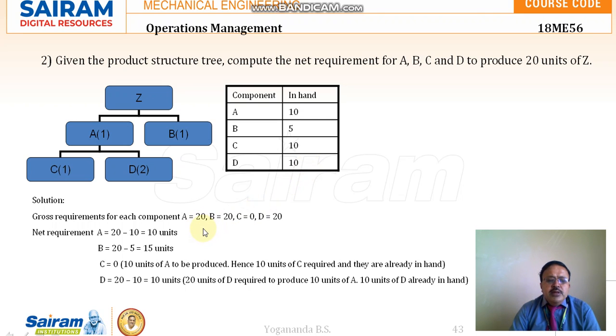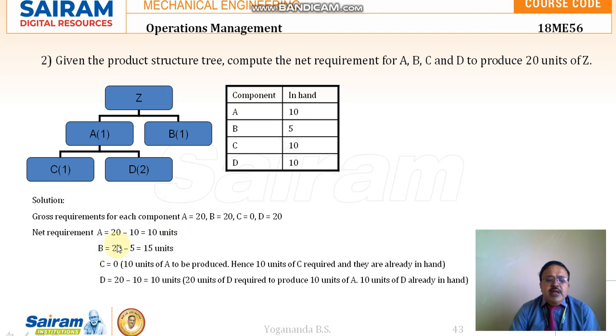So solution, gross requirement. For 1 unit of Z, 1 unit of A is required. For 20 units of Z, we require 20 units of A. So gross requirement of A is 20. What is the net requirement now of A? 20 is required, 10 is already in hand. So net requirement of A is 20 minus 10, that is 10 units to be manufactured inside the company or to be procured from outside.